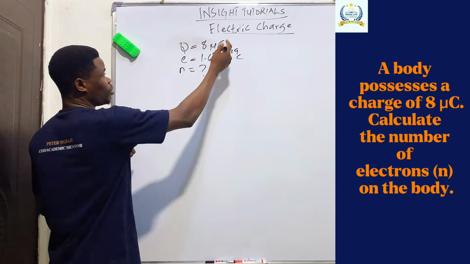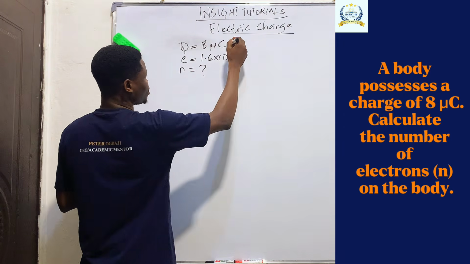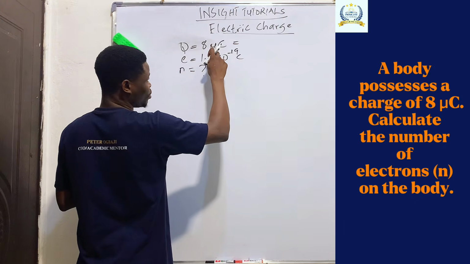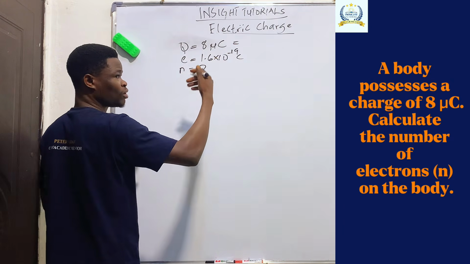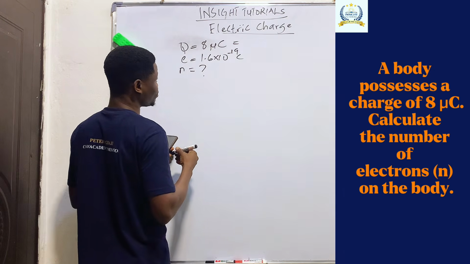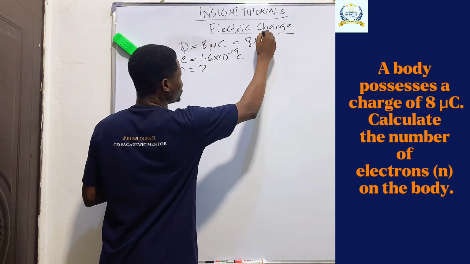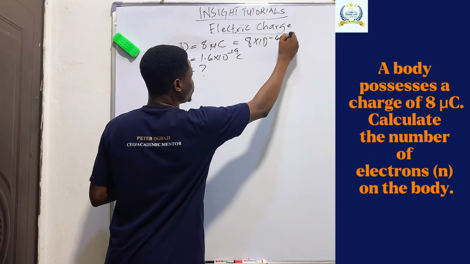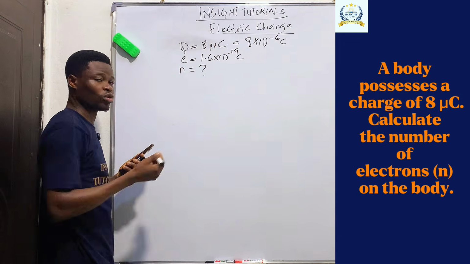The first thing we have to do is a conversion on our total charge. You know that this is microcoulomb, so it's going to be 10 raised to the power of minus 6. So this is 8 times 10 raised to the power of minus 6 coulomb. So we've converted from microcoulomb to coulomb.